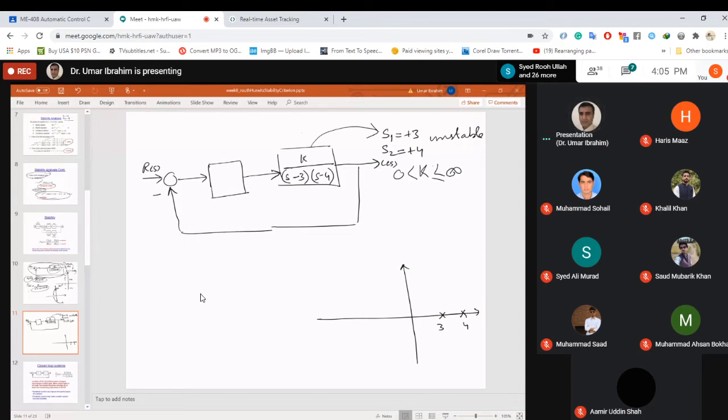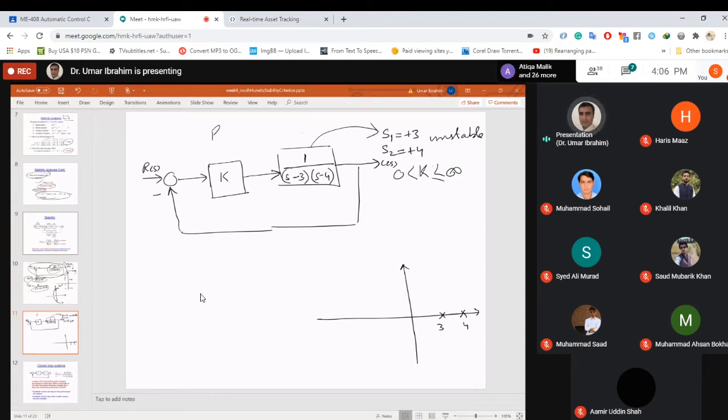For now, this is our controller. This is a simple proportional controller. PID is proportional, integral, and derivative controller, so it's a sum of 3 controllers. Right now we are only using a proportional controller.